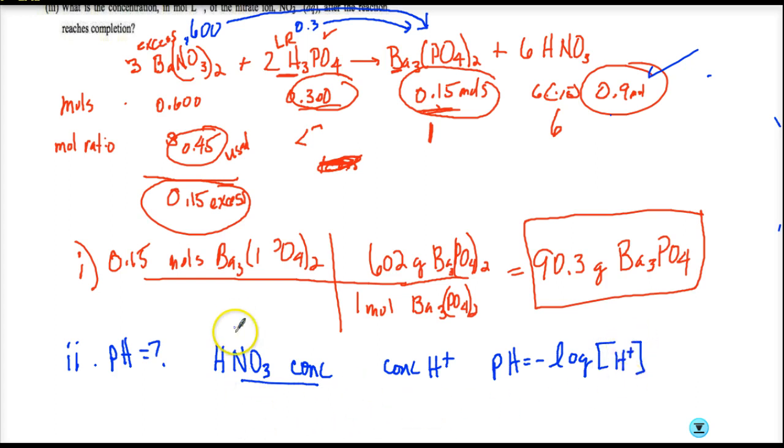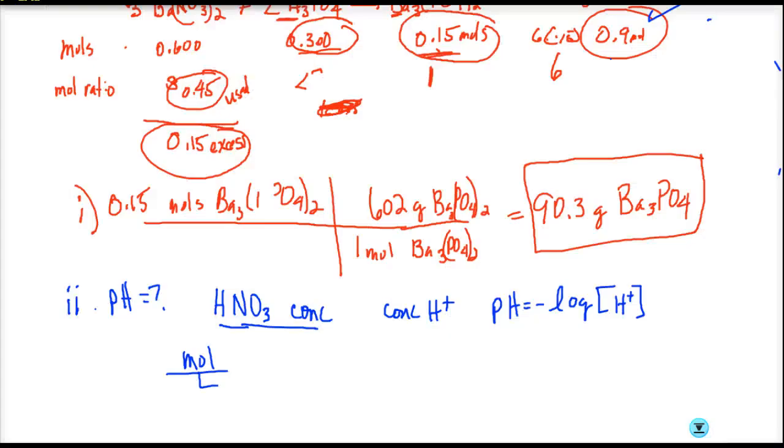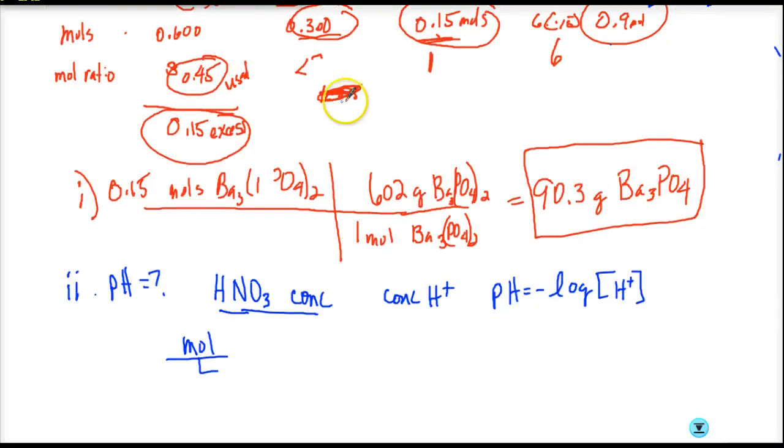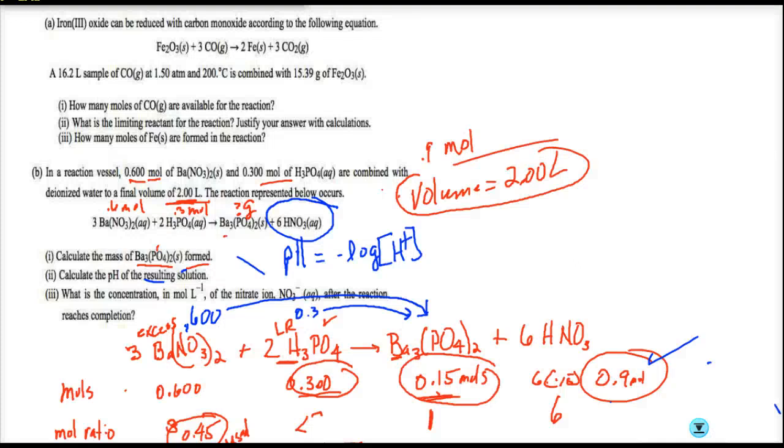Okay, so how are we going to do that? First of all, we need moles. What is concentration? It is moles per liter. And remember, I told you earlier that those liters were going to come back to us. We were going to need them. And if you look up, that was 2 liters.